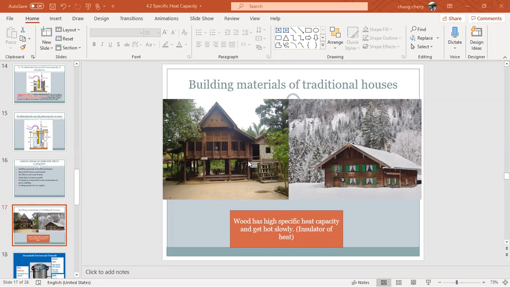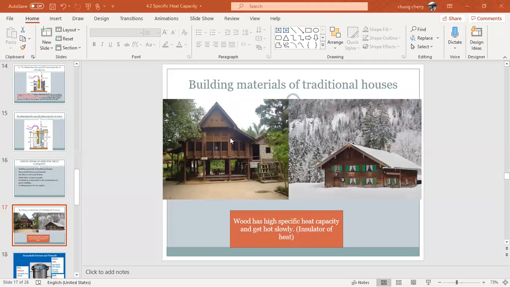houses in a cooler country, for example Switzerland, they will make their houses out of wood. Why do we use wood to make all these houses? Because wood has a high specific heat capacity, so it will get hot slowly.